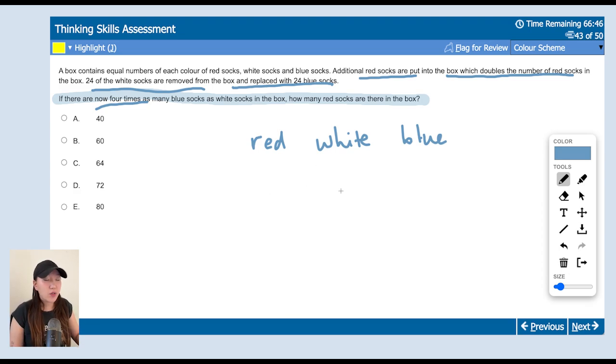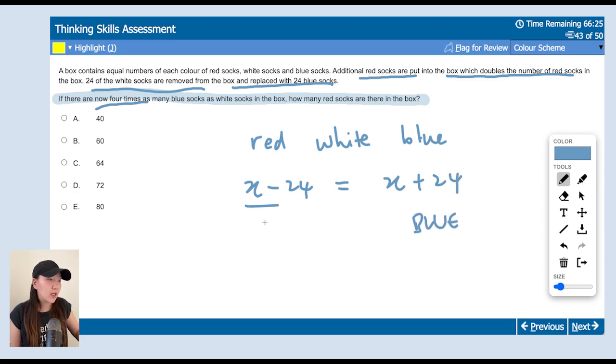Okay, so this sounds more confusing than it actually is, I think. Basically you're starting off with a number X of red, white, and blue socks. Based off this information, we're removing 24 of the white socks, and then we're adding 24 blue socks. If this side is blue and this side is white, we now have 4 times as many blue socks as white socks, so it's the same as this basically. These two numbers should be the same.